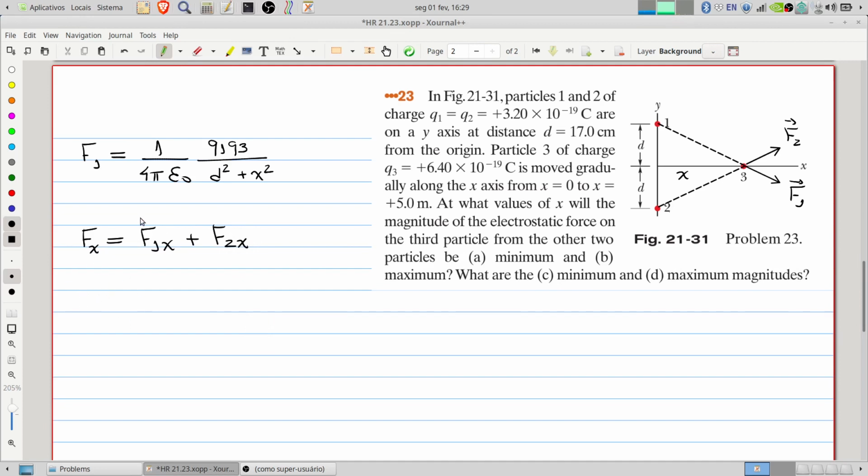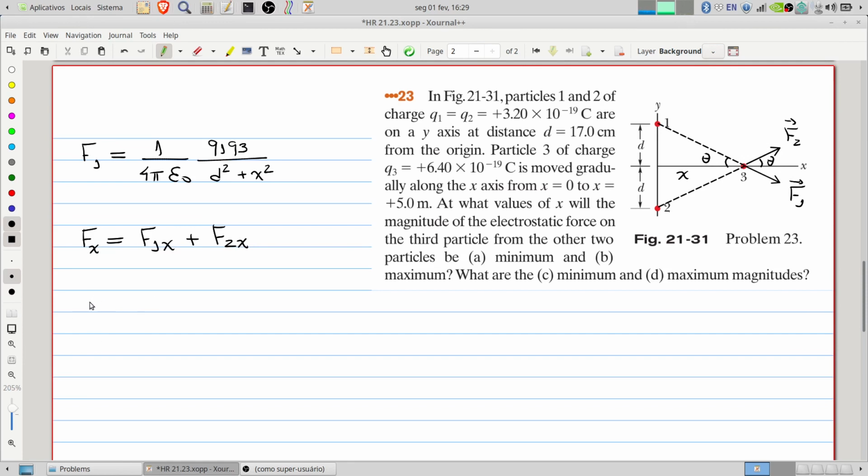These projections will be equal, because the magnitudes of the forces are equal. So here we have, let's say, an angle theta, and here we have the same angle theta.